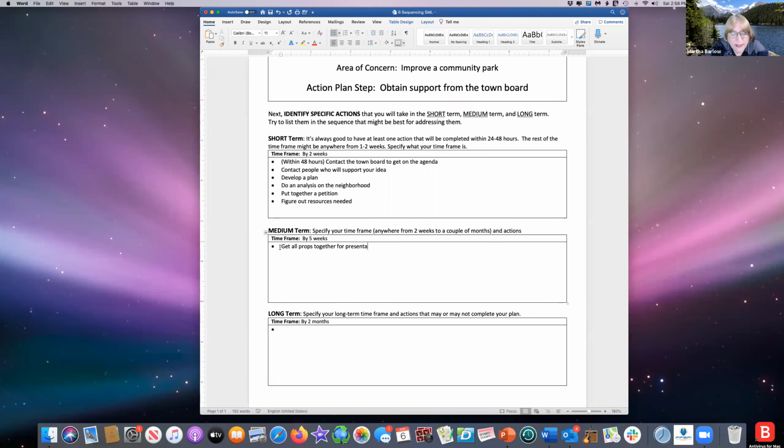We could plan some fundraisers to use if we get permission from the board. We could solicit bids from companies so that we would already have that information to share with the board. Write everything out so we're getting prepared. And I'd say let's move on to the long term.